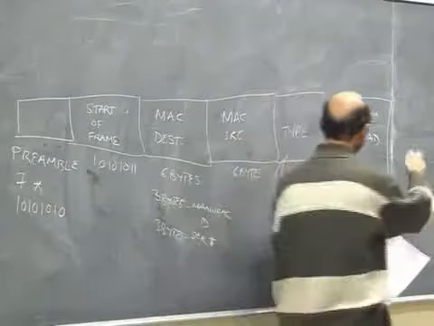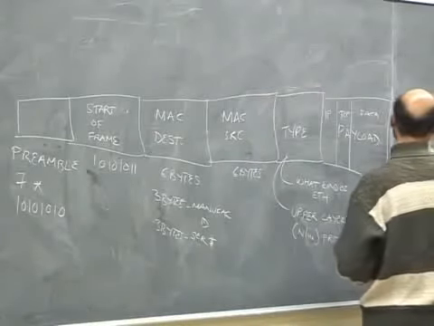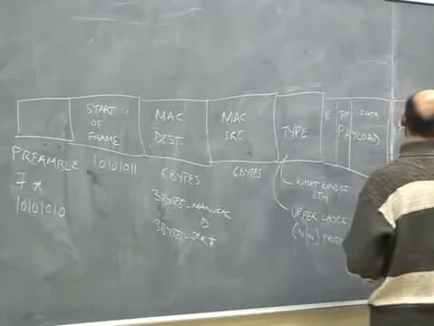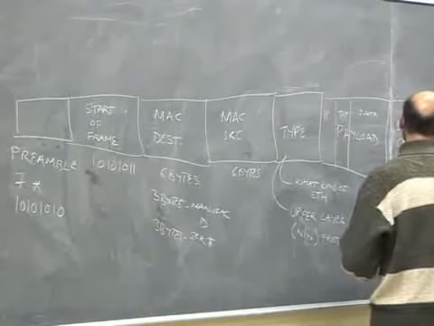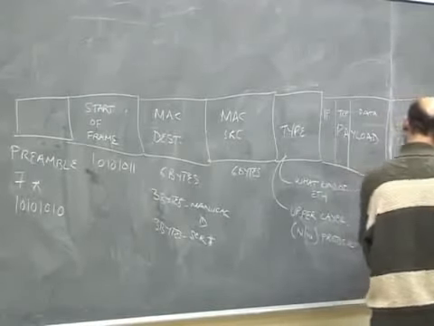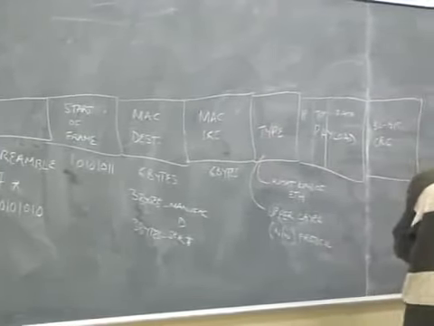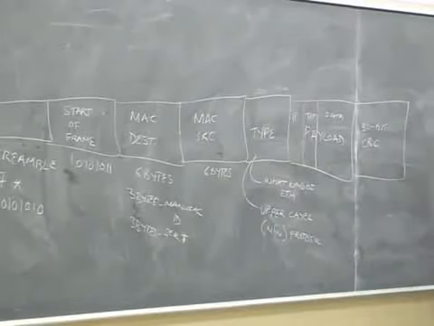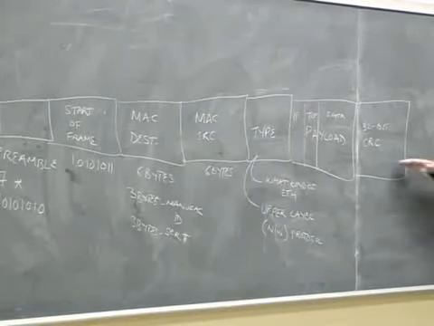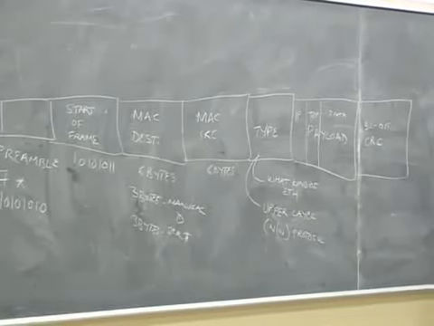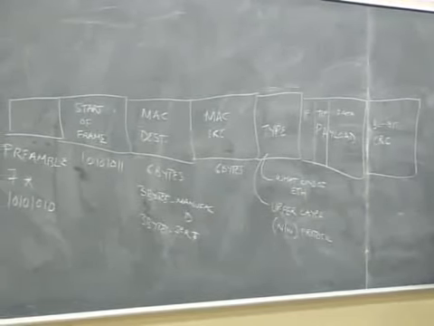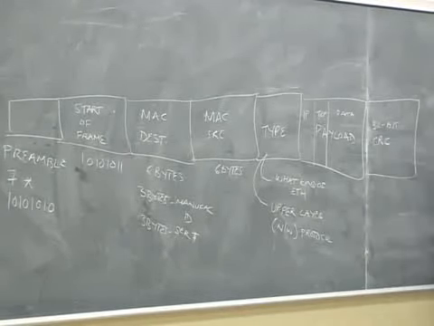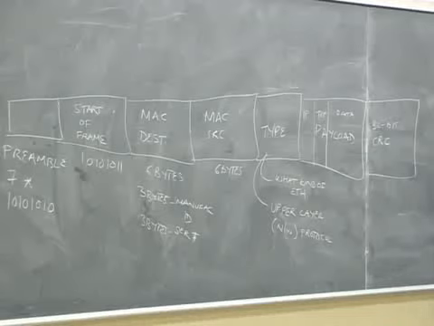And then following this is the CRC. This is a 32-bit cyclic redundancy checksum. And that's basically it. That's the frame, right? So we have a trailer. Now you might say, why is this in the trailer? Why is it not in the header? The reason is that in the hardware, as the frame goes through, we can compute the sum that we want.